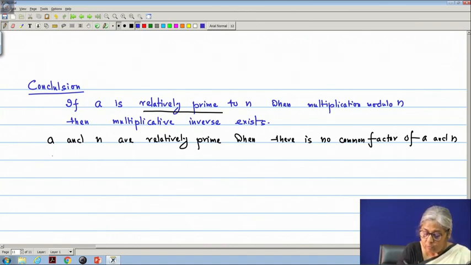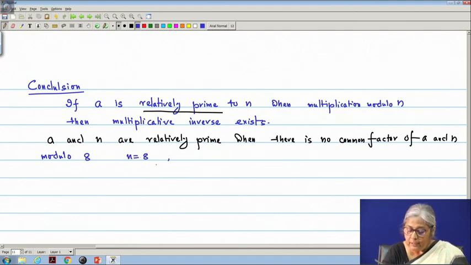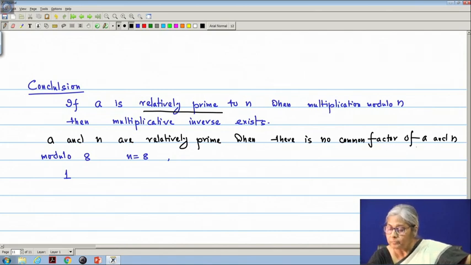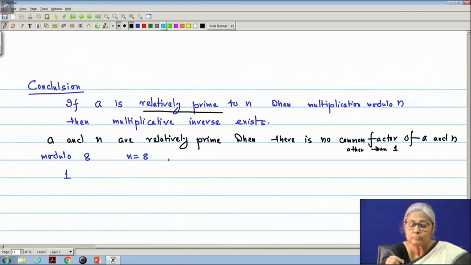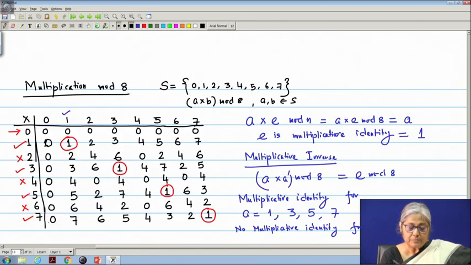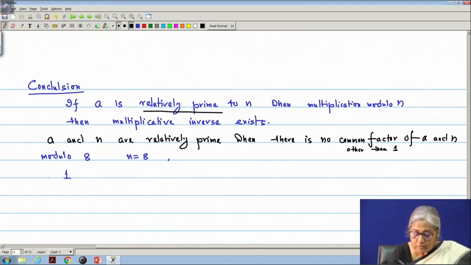So, say I am taking modulo 8 operation. So, my n equal to 8, and when A is 1, the factor of n other than 1... For 1, 3, 5, 7, A equal to 1 and n is 8 always.